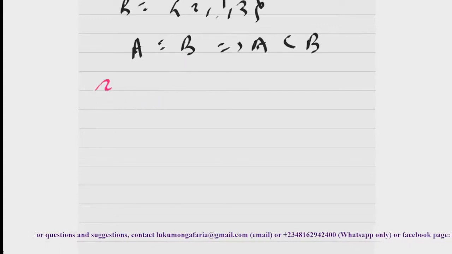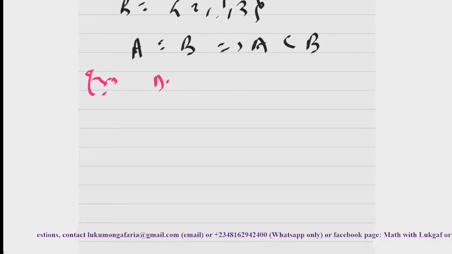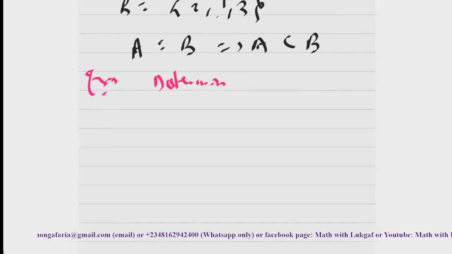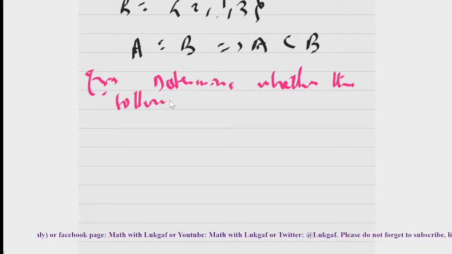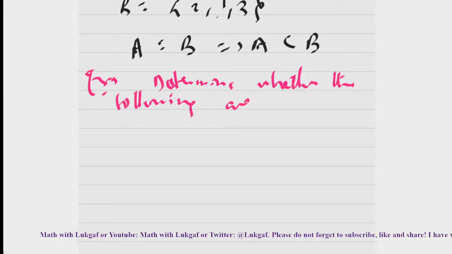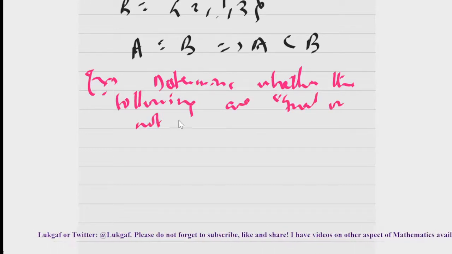Example. Determine whether the following are equal or not.